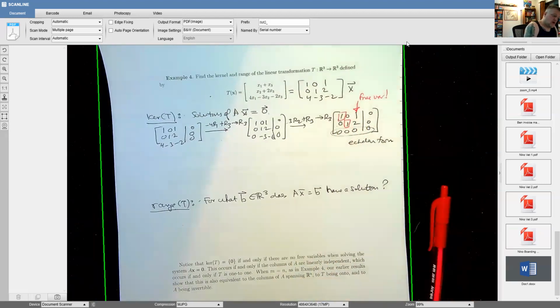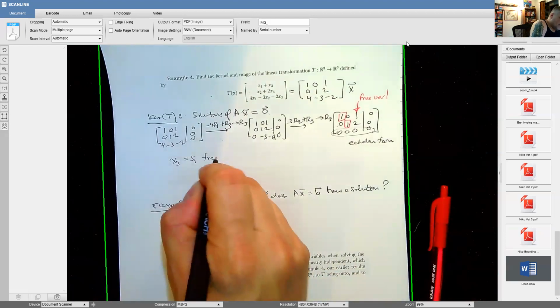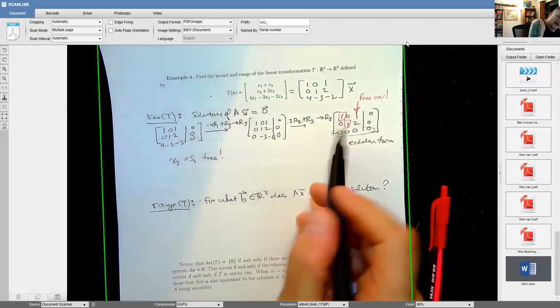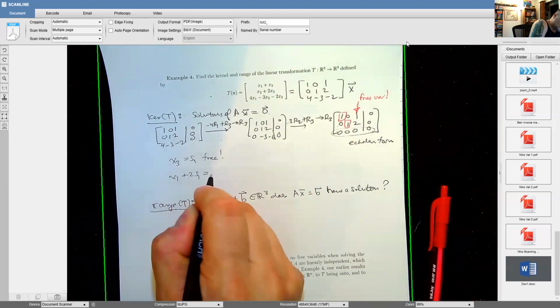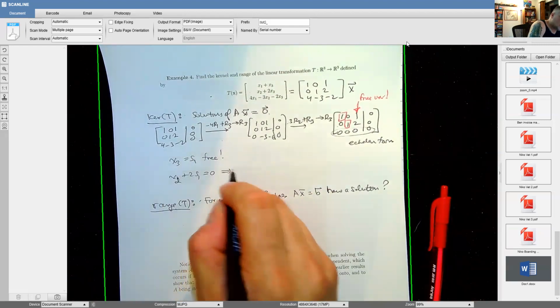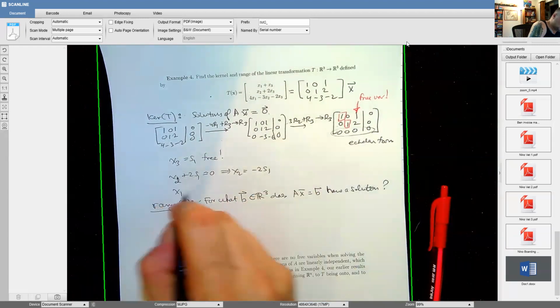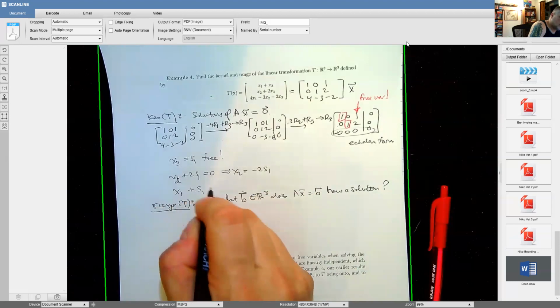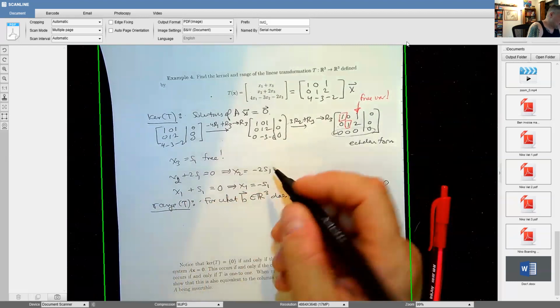All right, so let's call x3 s1. That's a free variable. And so if you back substitute, we have, I'm sorry, x2 plus 2s1 equals 0. And so x2 is -2s1. And then x1 plus x3, which is s1, is equal to 0. So x1 is -s1.